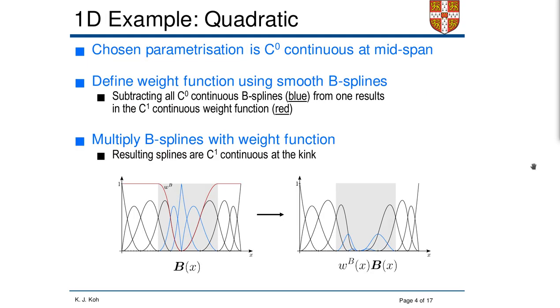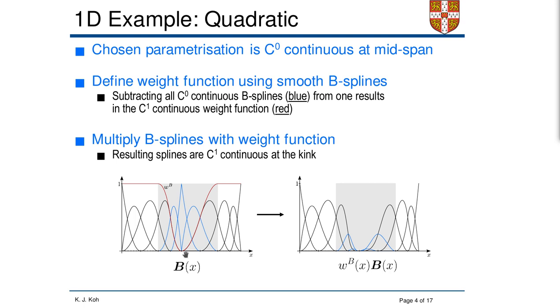As a simple example, here is a line domain parameterized by quadratic B-splines. The parameterization is chosen to be C0 continuous at the midspan, so that we can think of this midpoint as the extraordinary point on an unstructured mesh for analogy.